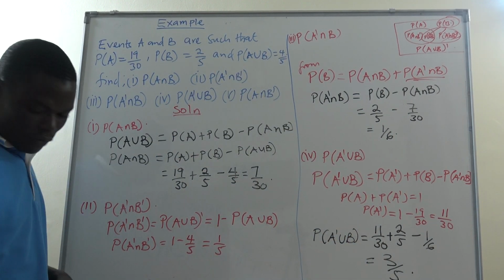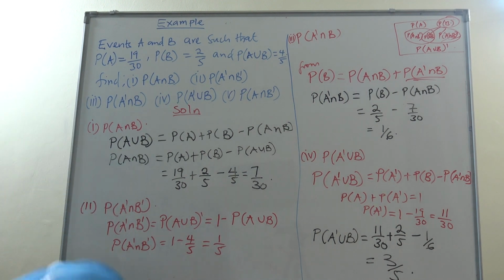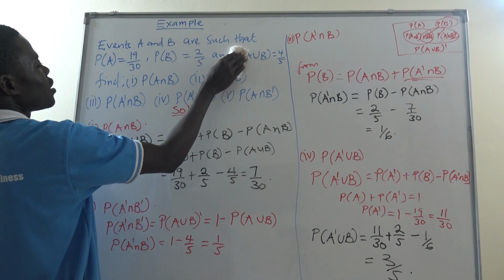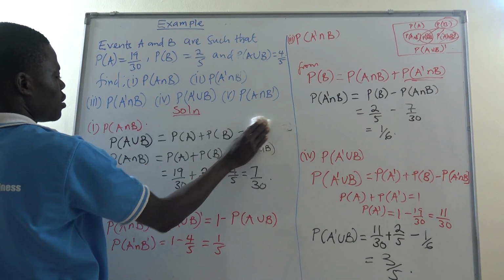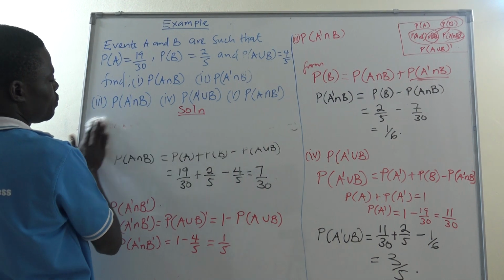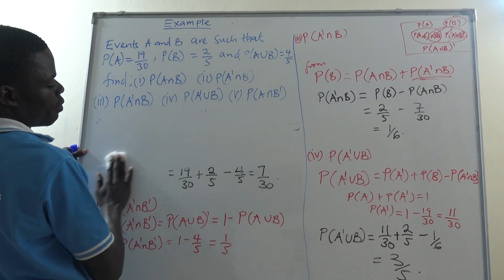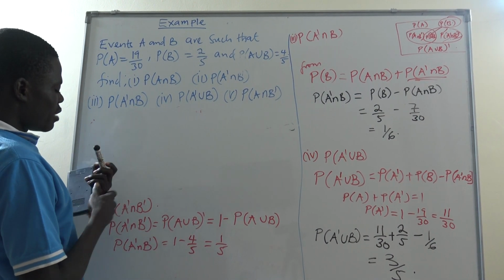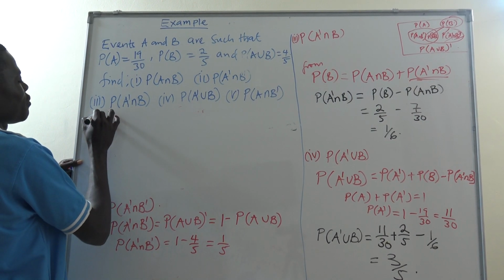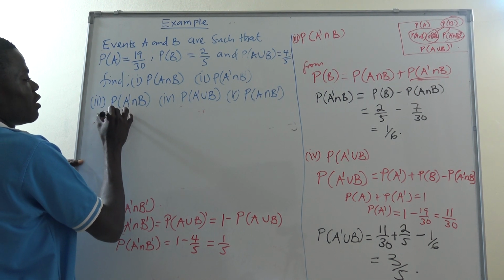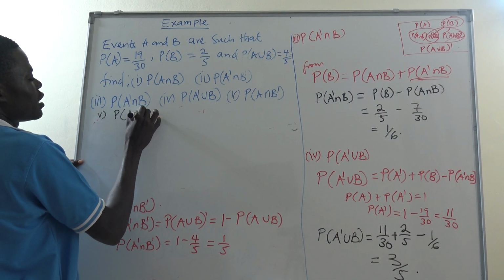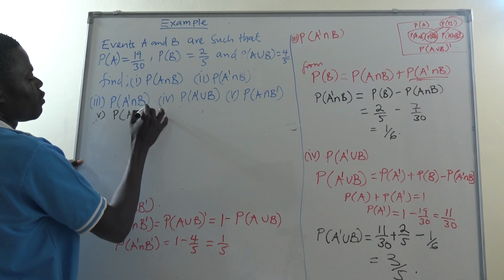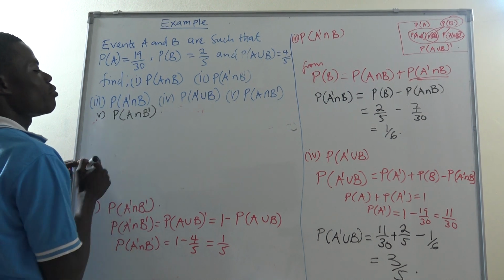Then after confirming that probability, we have our last probability, part 5, which is probability of A intersection B complement.